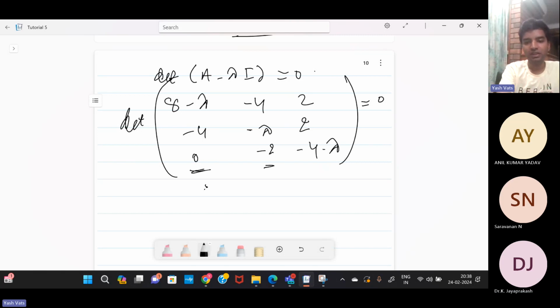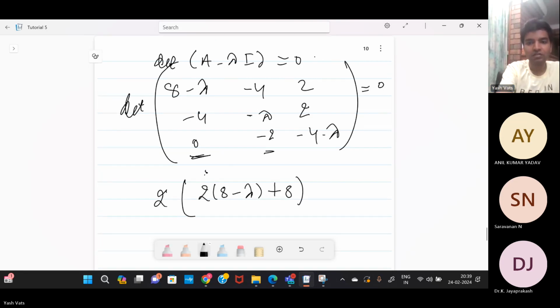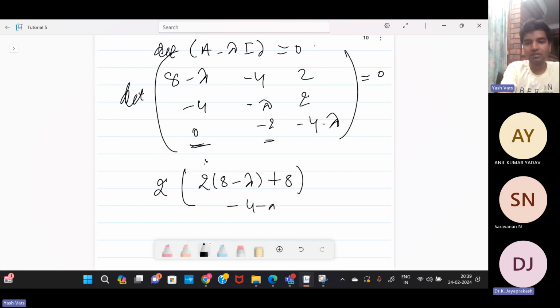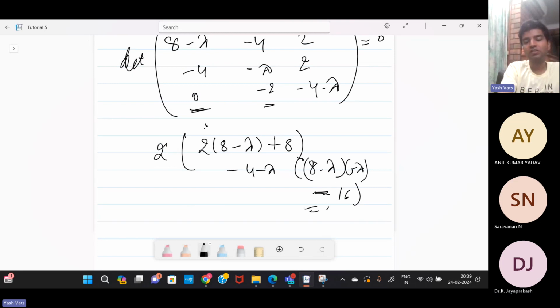It will be 2 times (8 minus lambda) plus 8 times (minus 4 minus lambda), minus 60 equals 0. So you can solve it to find out what lambda is, okay?